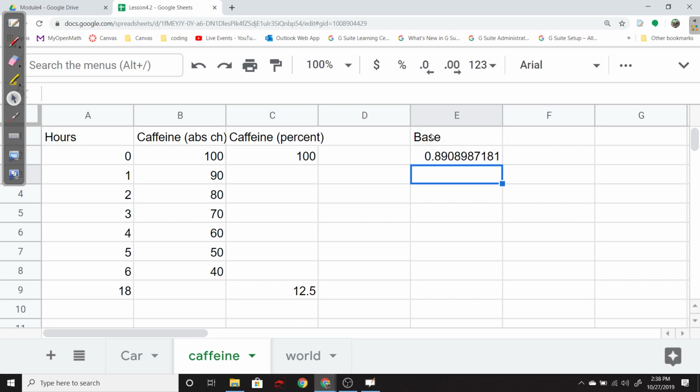I get a base of about 0.89-ish, so almost 90%. And if you think that 100% is what we started with, what we had in the previous period, that means the rate of decrease here would be 1 minus that, or about 11% if we rounded that to the nearest hundredth.